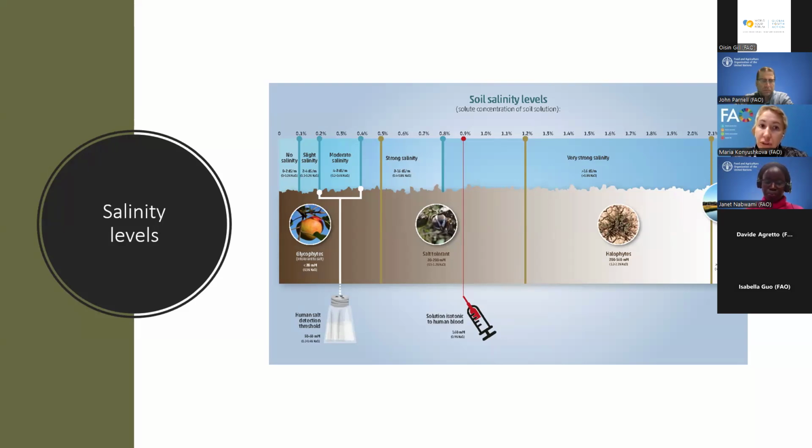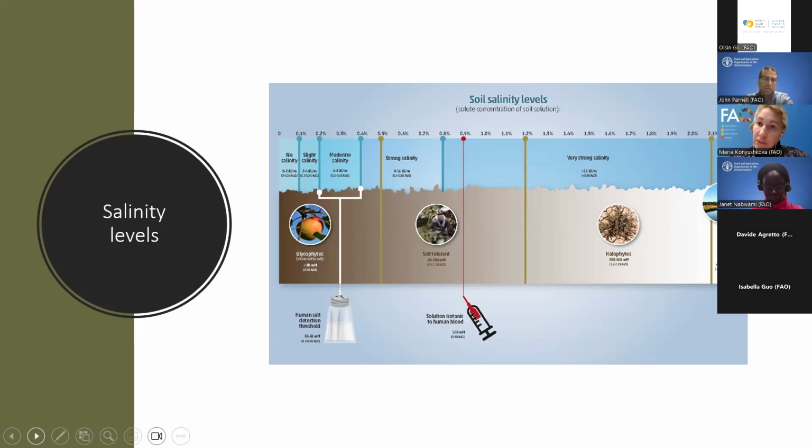And in this figure, you can see that under no salinity, slight salinity, and moderate salinity, we can grow different crops. When we have higher levels of salinity, we can grow only salt-tolerant crops. Those salt-tolerant crops are normal crops which were selected to be adapted to salinity. When the salinity in soils rises even higher, we can grow only halophytes.